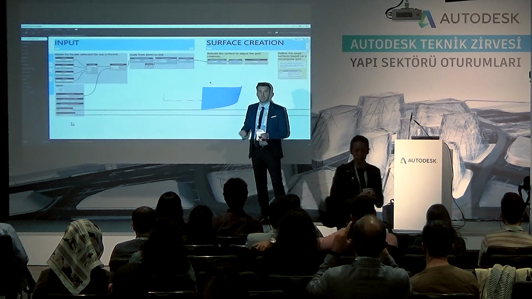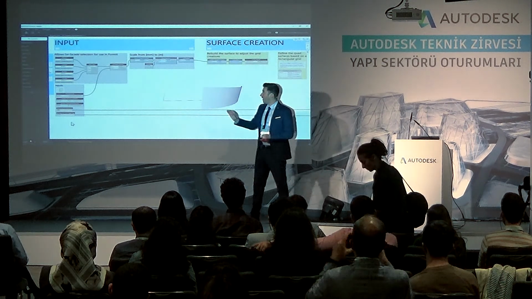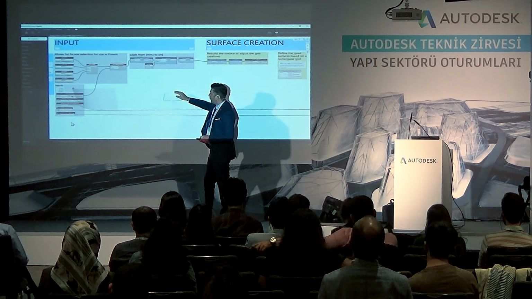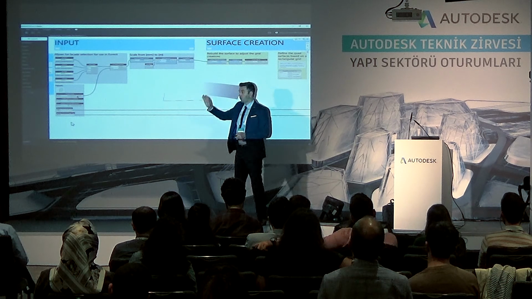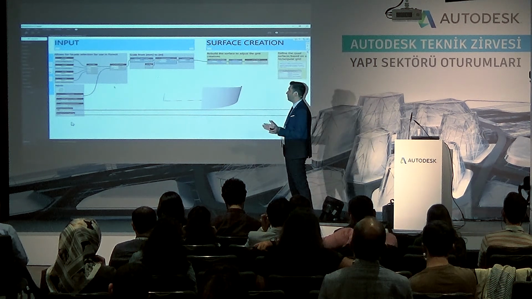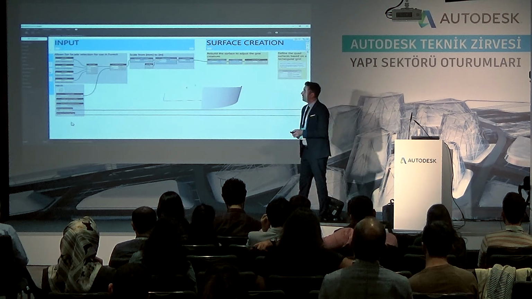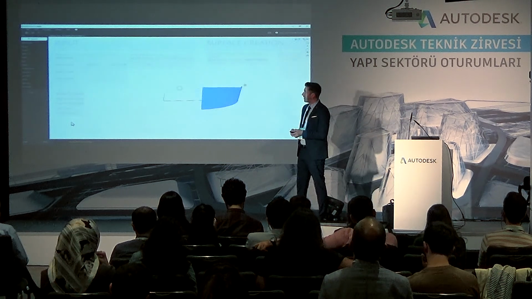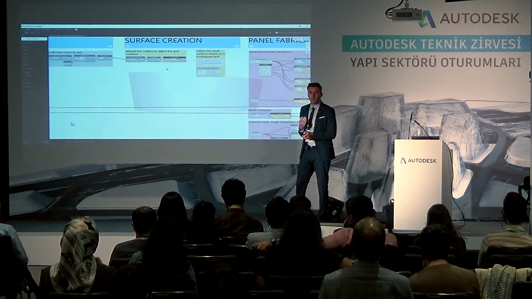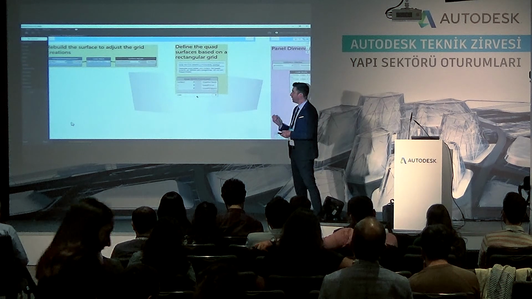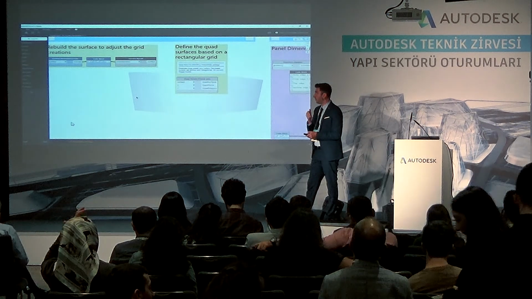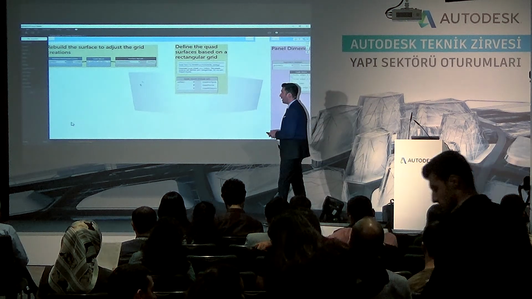Each node is performing a certain operation, and it's outputting data. That data, we can feed it into a new node that can perform another operation. So we link these things together until we get a result. In this case, the first nodes are designed to read information from an external source, in this case, the SAT file. So basically, we are bringing the surface of that conceptual building inside Dynamo.